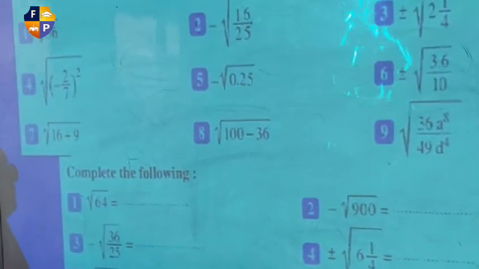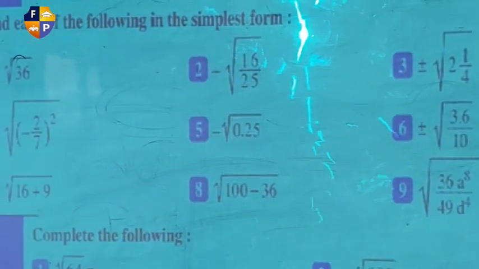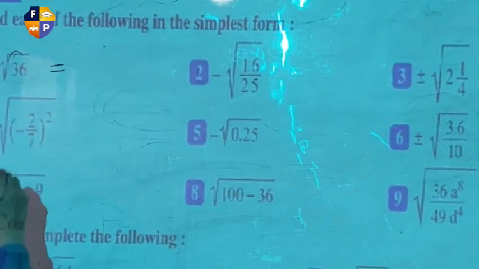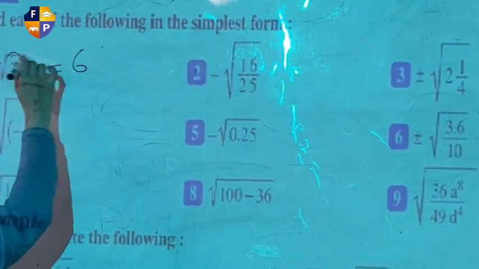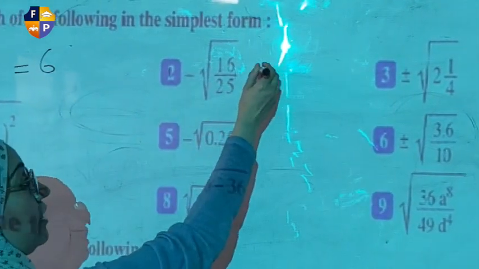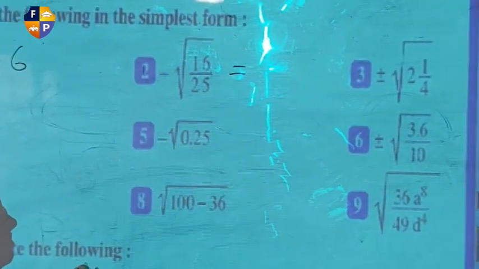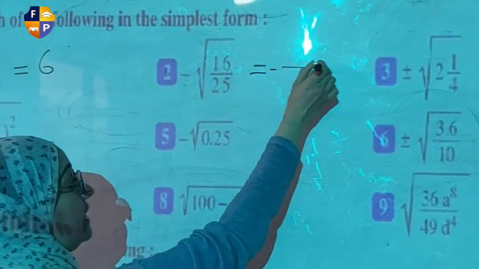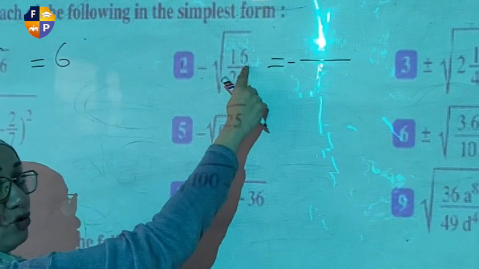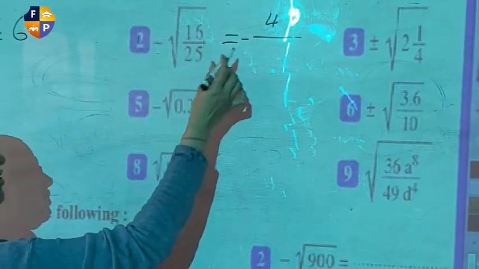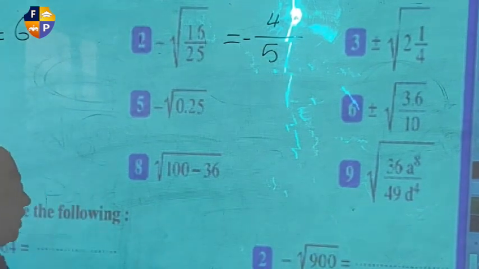Okay, look at this. Find each of the following in simplest form. Square root of 36, okay, equals 6 because I want the positive one. But the square root of 16 over 25, I want the negative one, equals negative, the square root of 16 equals 4, and the square root of 25 equals 5.